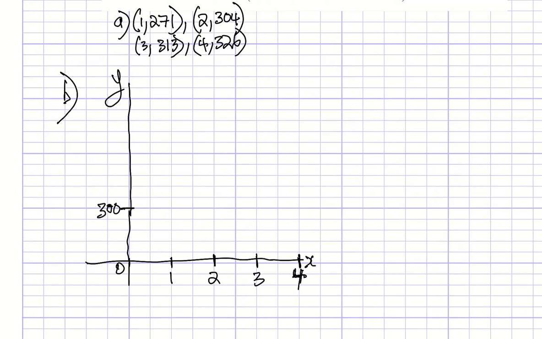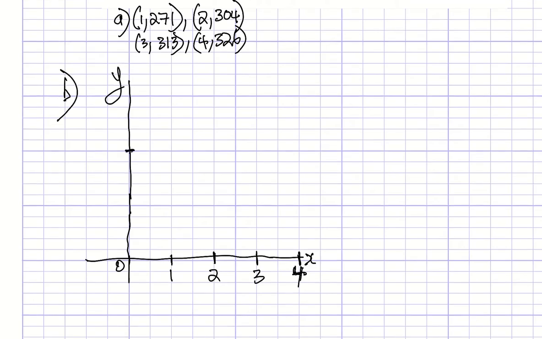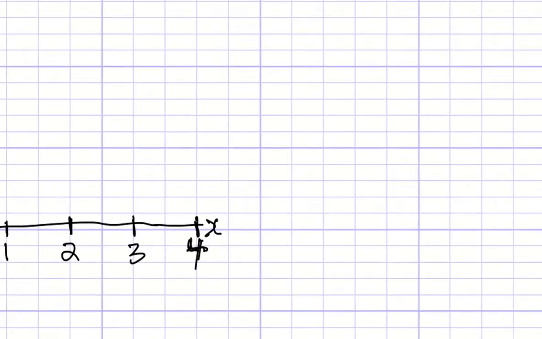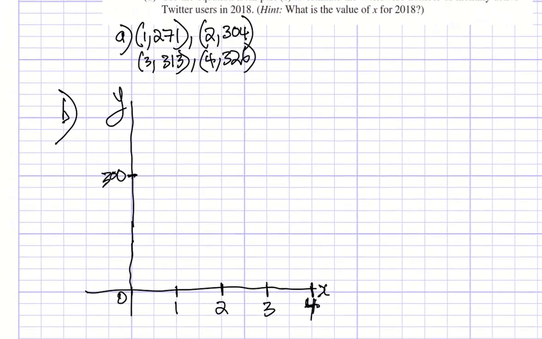Actually, let's make it a little nicer and clean that, because we've got plenty of space. Let's do 300 here. 1, 2, 3, 4, 5. 1, 2, 3, 4, 5. So each unit is 30, because there are 10 of them. We end at 326.